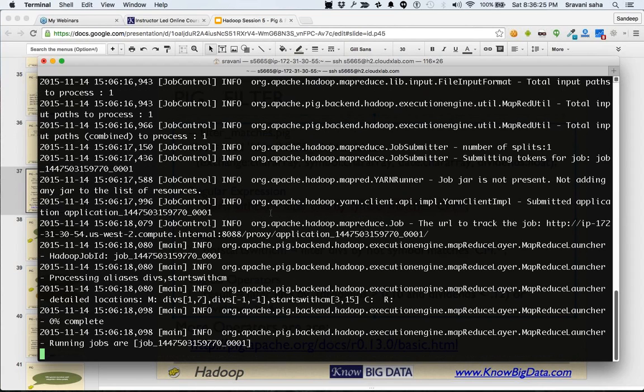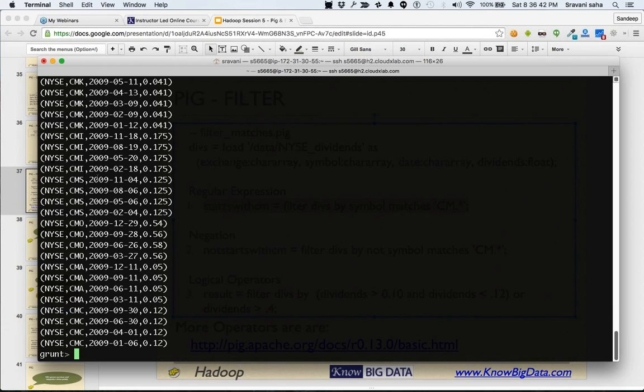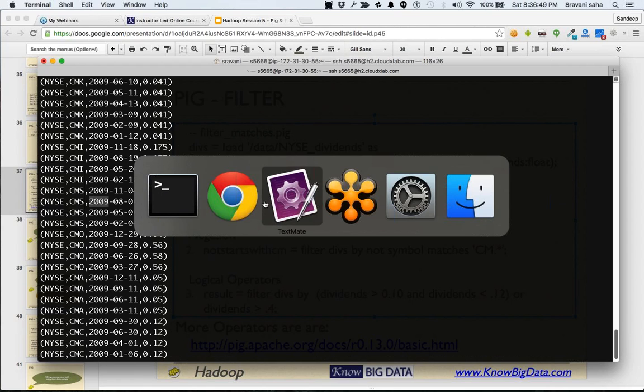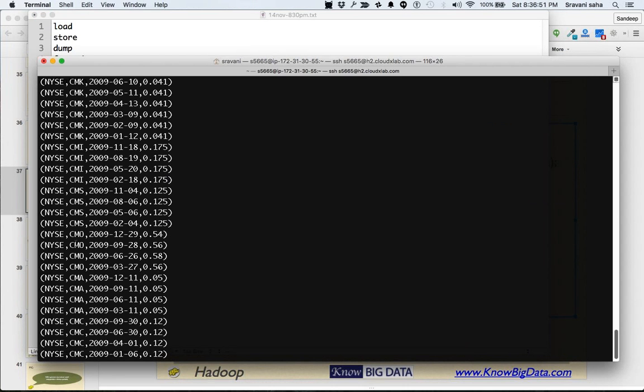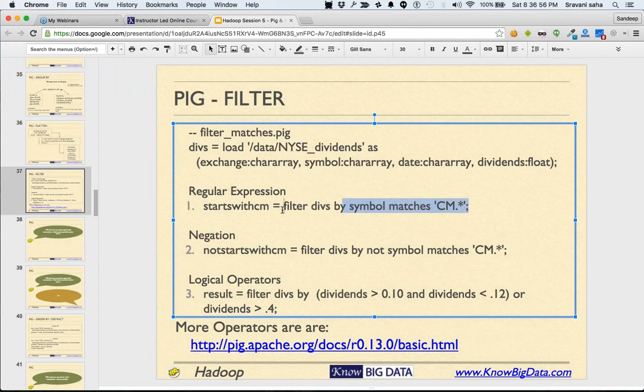So it's running the job. All right. Now you can see that only the names that start with CM have come in the output. Only the names that start with CM have come in the output. So that is the significance of using filter.